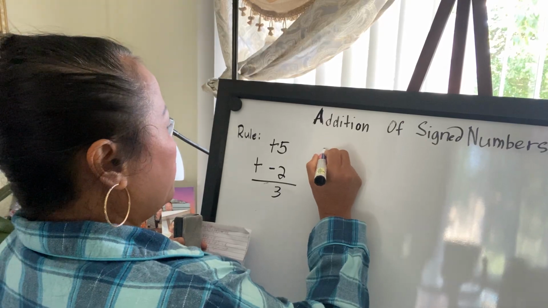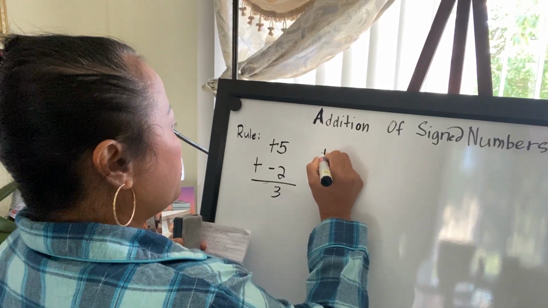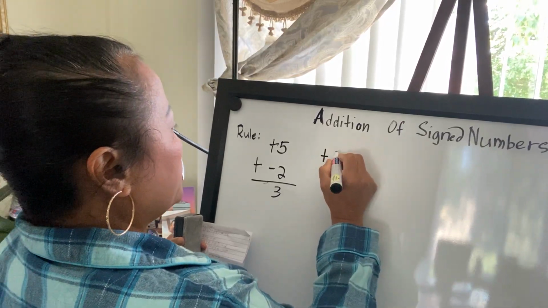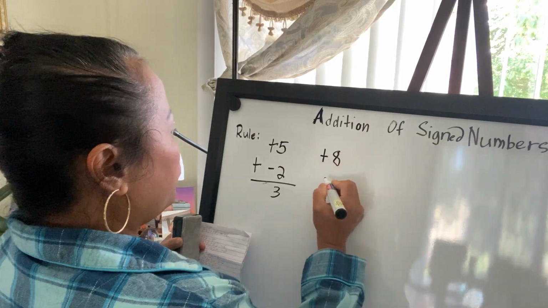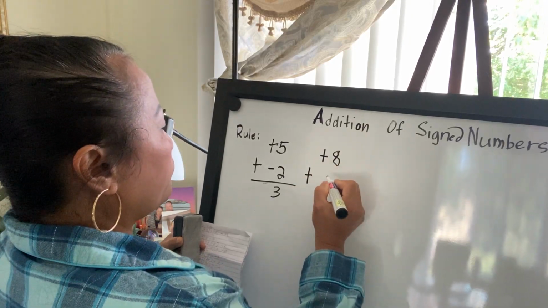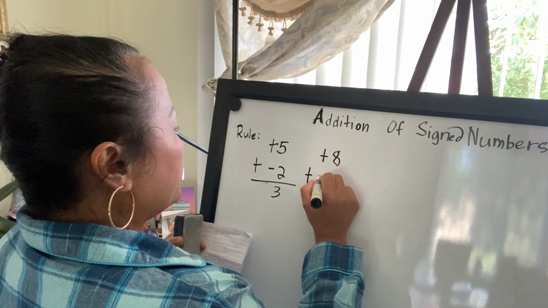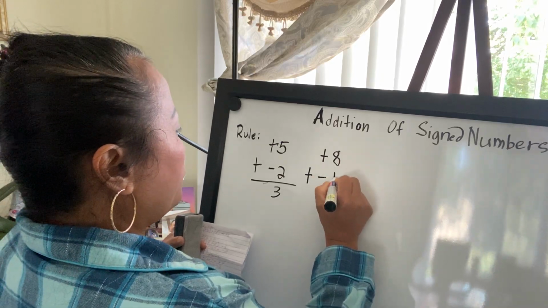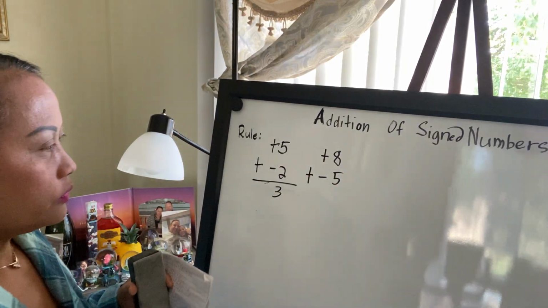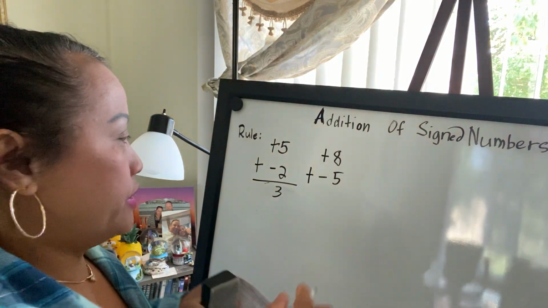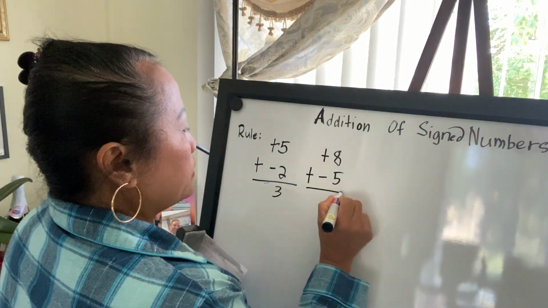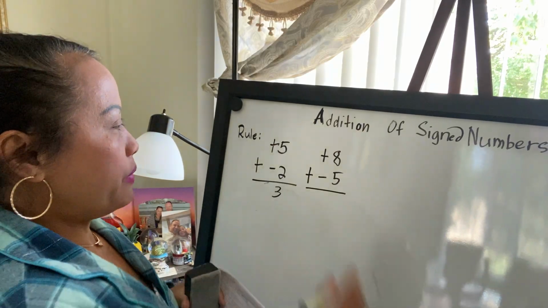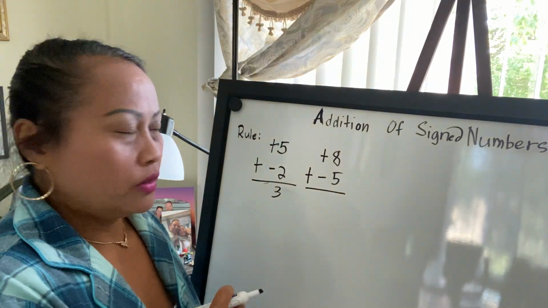Okay, positive 8 plus negative 5. They have different signs, the positive 8 and negative 5.